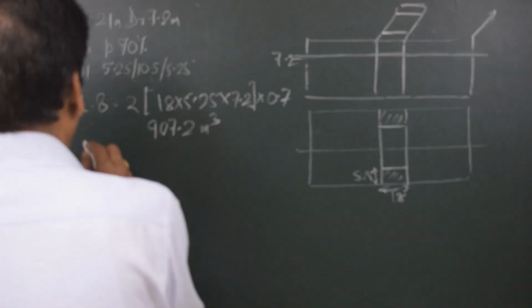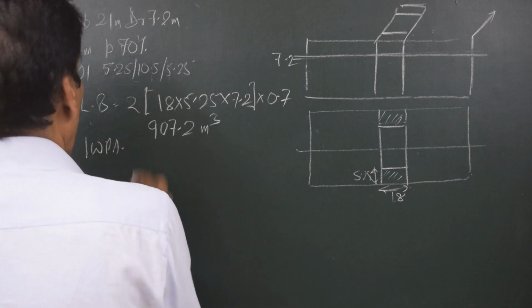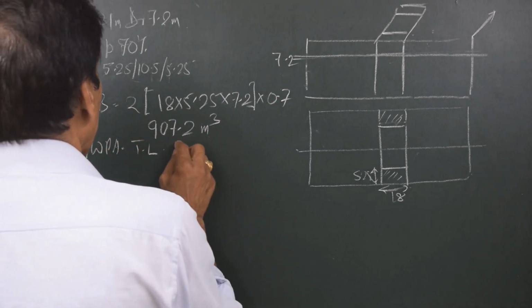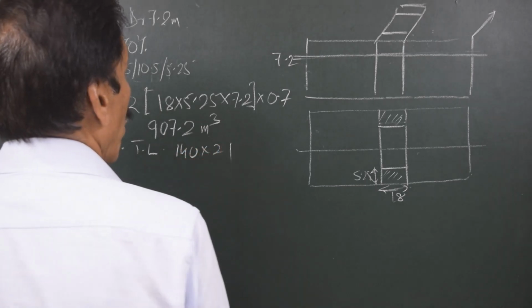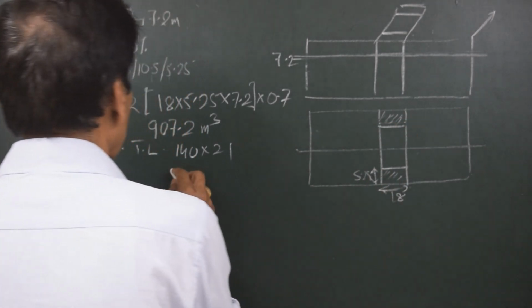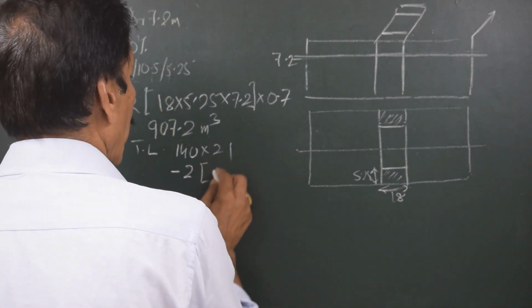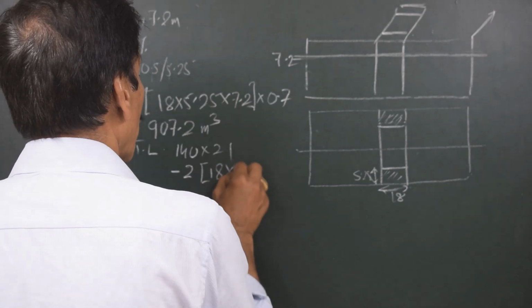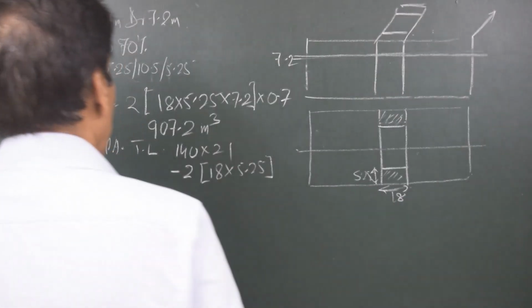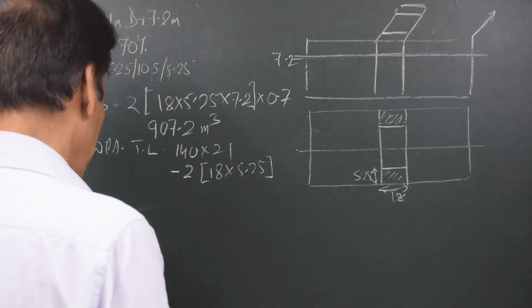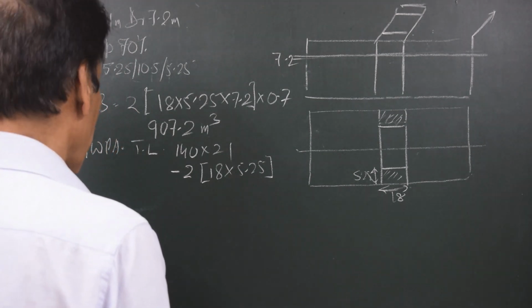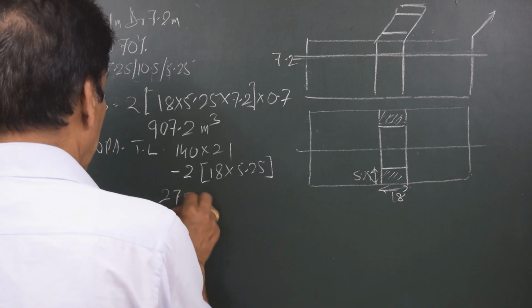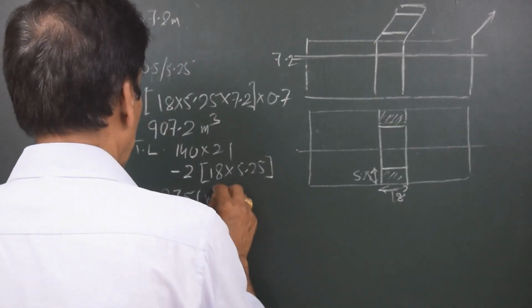Now, intact water plane area will be total minus loss. Total water plane area is 140 into 21, and the lost water plane area is minus 2 multiplied by 18 into 5.25. So 140 into 21 minus 2 into 18 into 5.25 equals 2751 meter square.